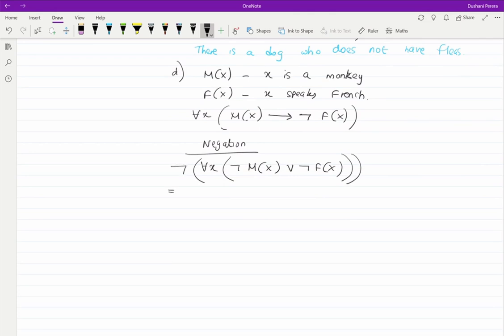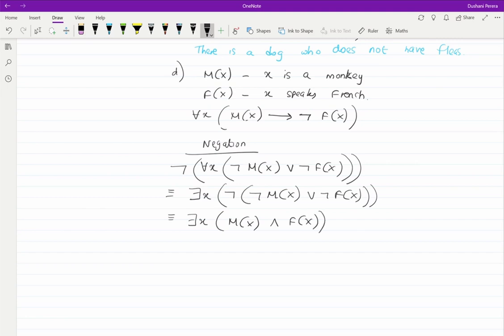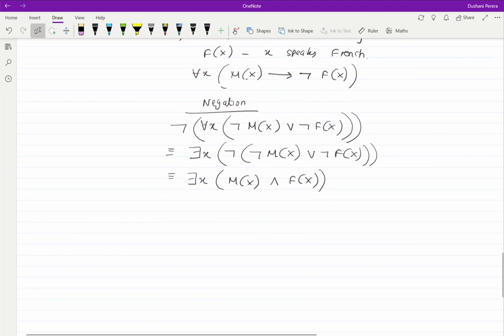So now, let's simplify. Not all x is some x. Take the negation in. For some x, now simplify the outer negation with the inner negations: Mx and Fx. I hope the simplification is clear to you.